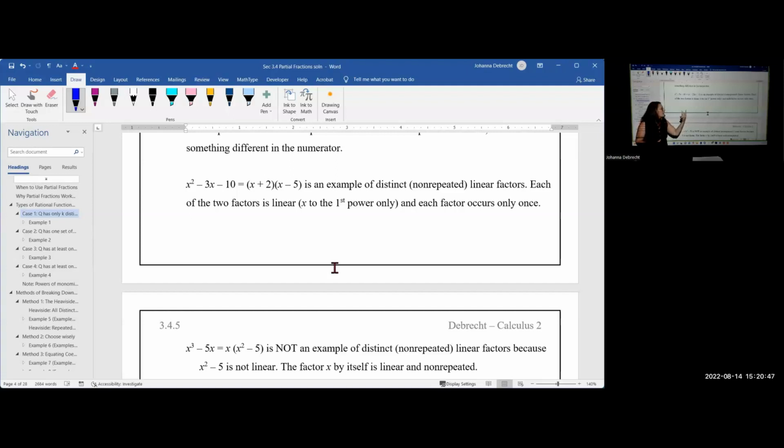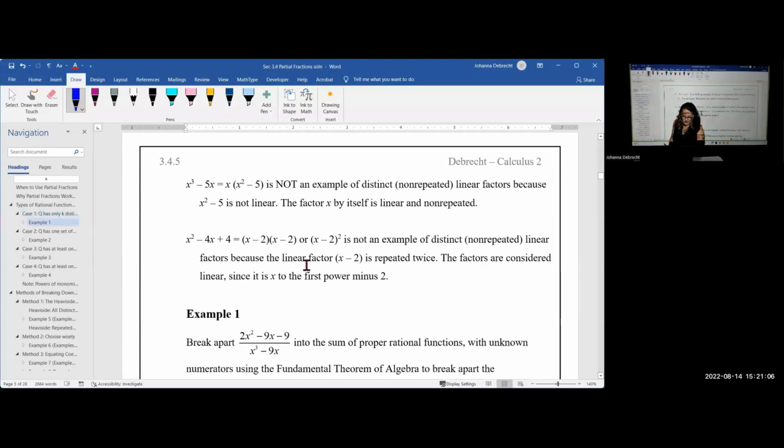Different, distinct, don't repeat, not raised to a power. And they're linear factors: x to the first plus 2, x to the first minus 5. So each of these only occurs once, and it's linear. This is case 1.